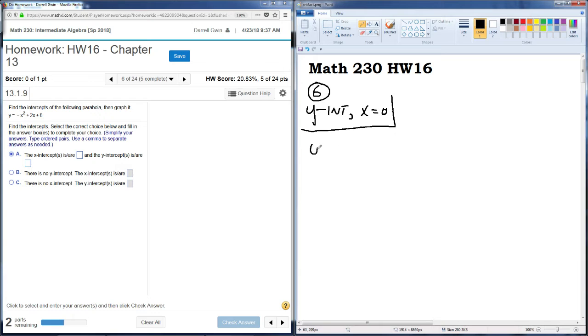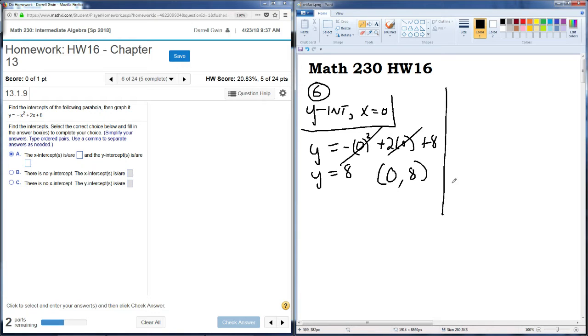In this case, y equals negative 0 squared plus 2 times 0 plus 8. So y equals 8 because those cancel out. And the ordered pair is (0, 8). That is the y-intercept.